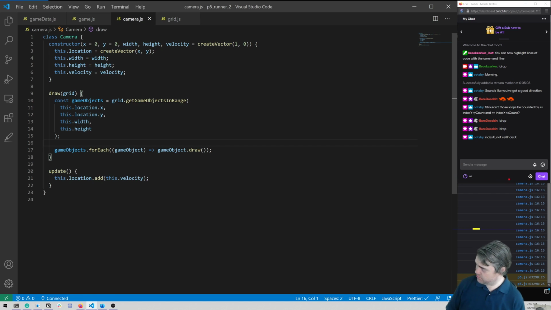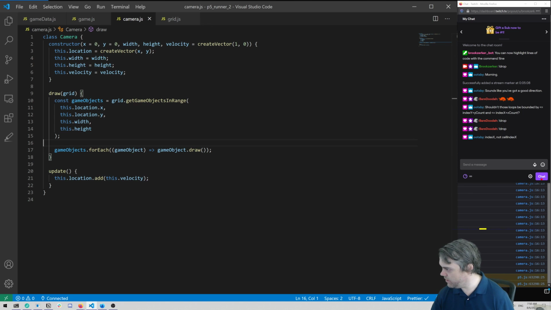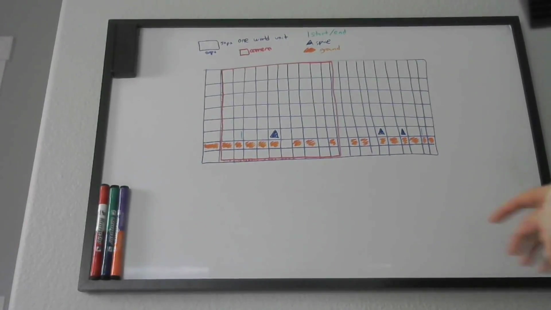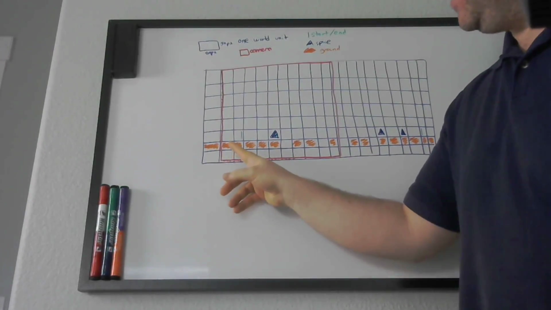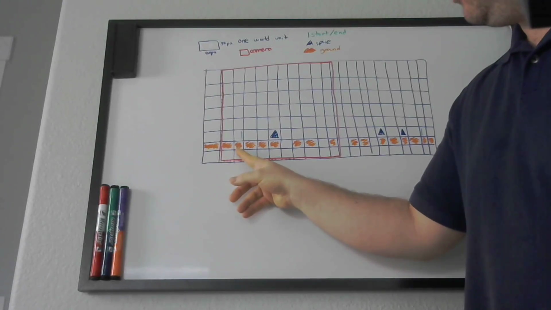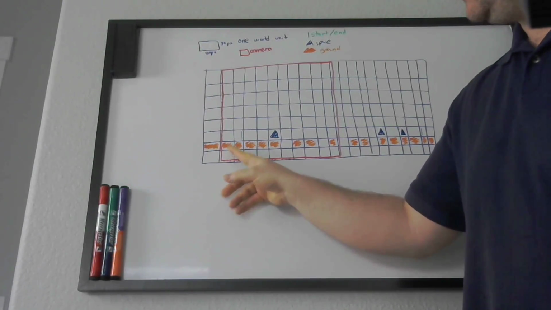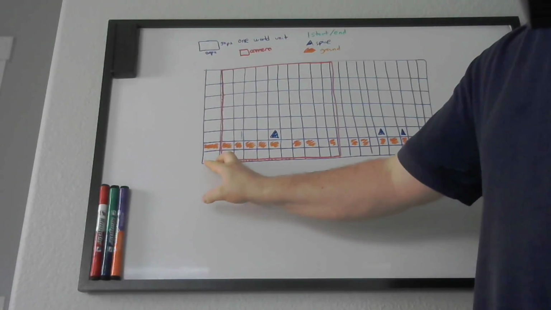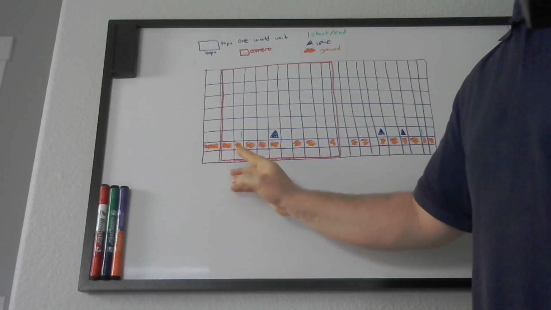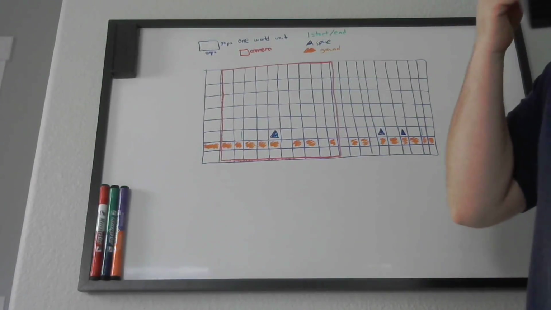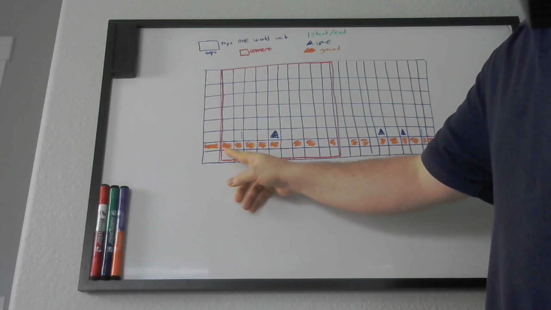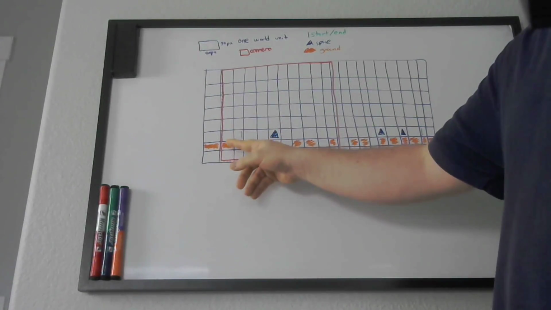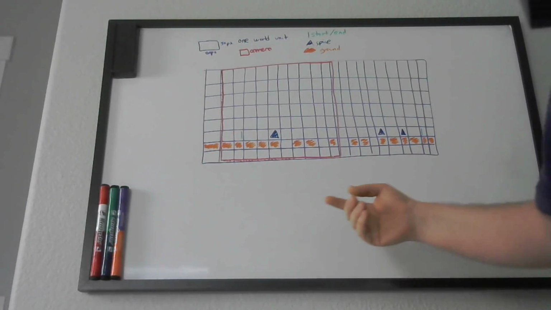So as the camera goes to the right, let's go back to our whiteboard and see how this is working. As the camera moves to the right, this one would normally be drawn over here because it's second over. So I need to tell it, hey, even though you're 50 pixels over here, I want you to start at the very left edge. So we know your position is going to be x 50, and then y 400, I guess.